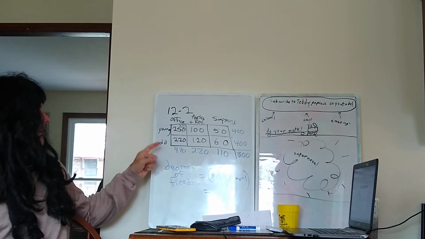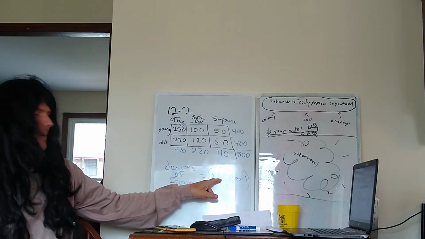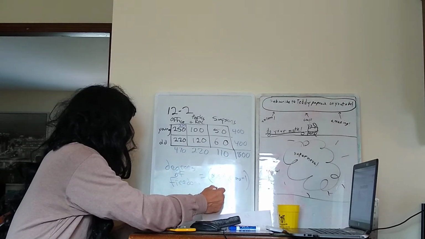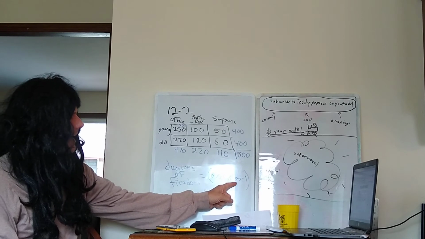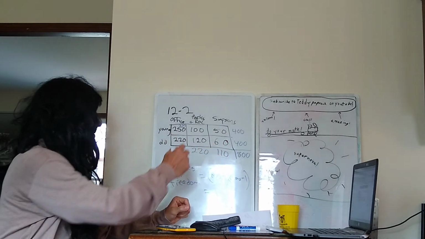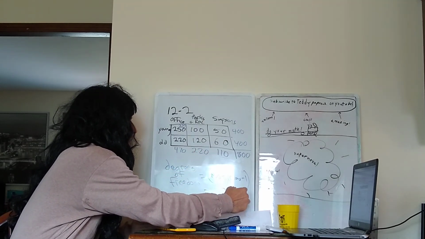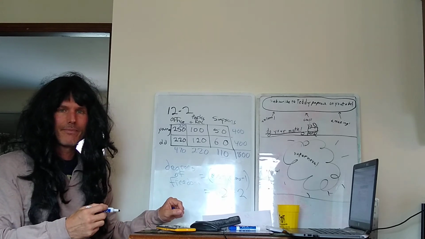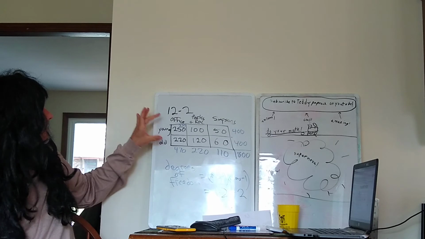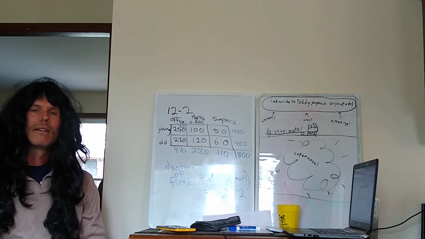We have 2 rows, so 2 minus 1 is 1. I have 3 columns, so 3 minus 1 is 2. So this is going to be a chi-squared test with 2 degrees of freedom. It's always this dimension minus 1 times this dimension minus 1.